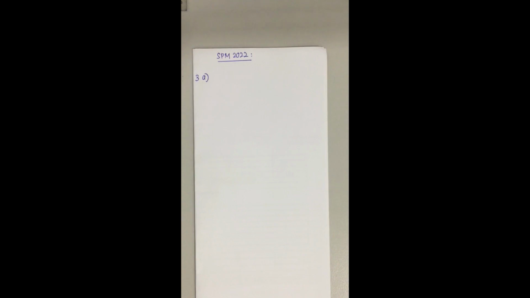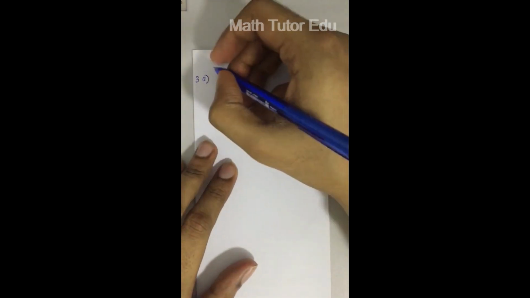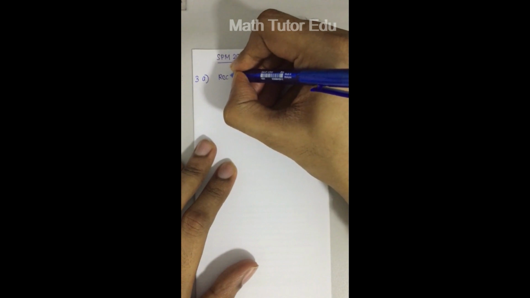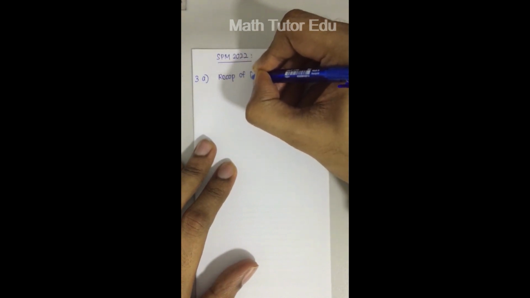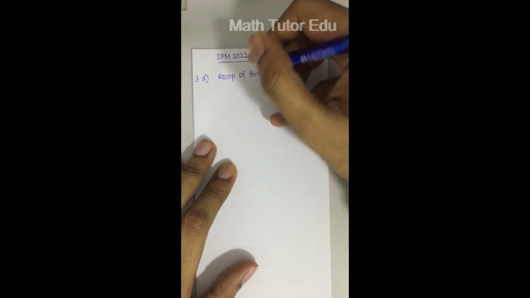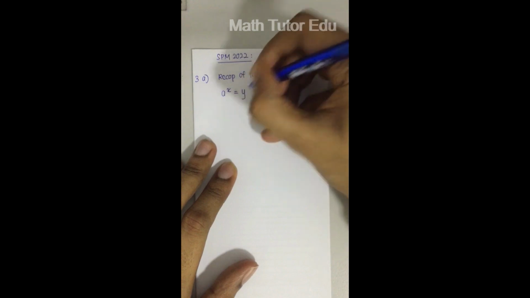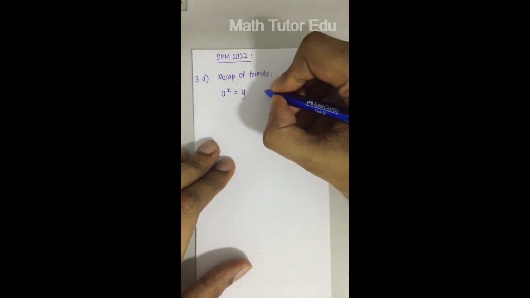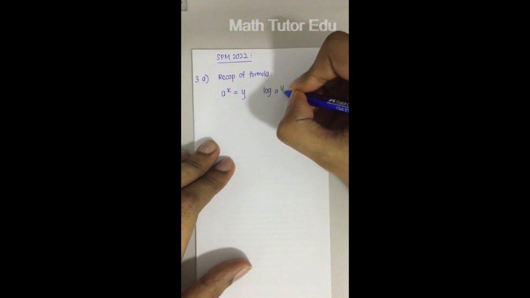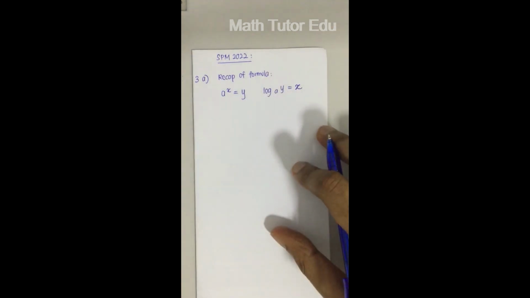Let us begin our discussion for question 3 part A by deriving that log a mn is equal to log a m plus log a n. In order for us to solve this question, I'm going to write the formula which will be useful. It is important for us to recap the following formula: a to the power of x is equal to y, and then log a y is equal to x.